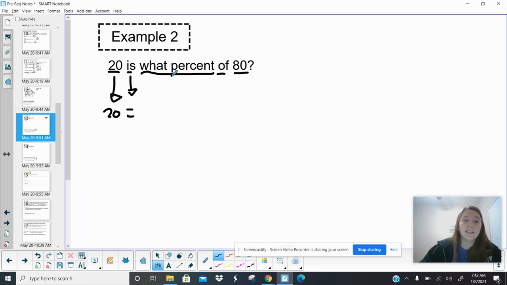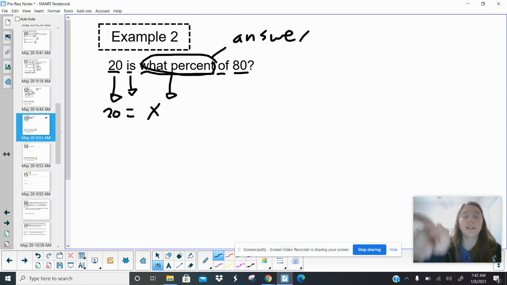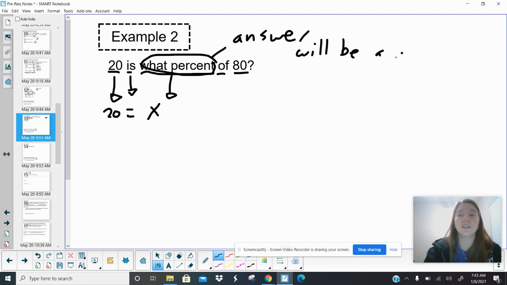Now, what percent, again, focus more on the what. What should our what be? This is the variable, right? Again, the fact that it says what percent just tells us, and gives me a hint here. You can, if you want to write this down, you can. This tells me that my answer is going to represent a percent, which means our answer will come out to be a decimal.